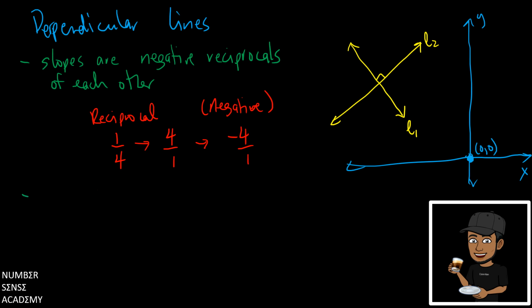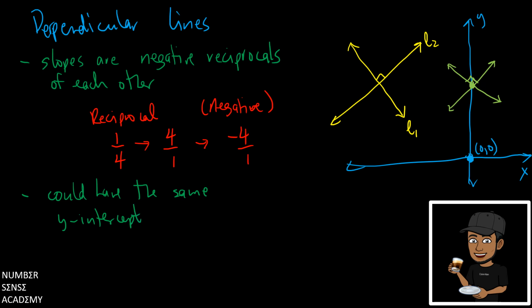The other thing is that they could share the same y-intercept. That's just a situation where they meet on the y-axis. Right here. 90 degrees right here. They could have the same y-intercept.